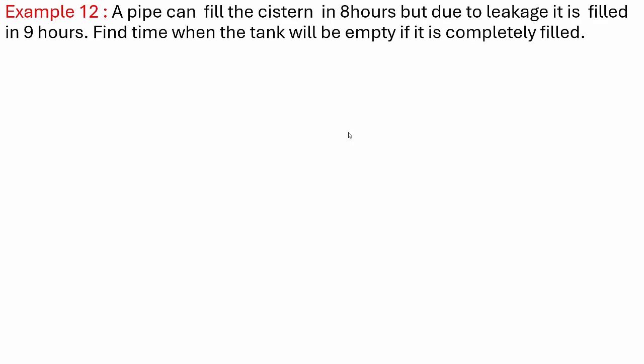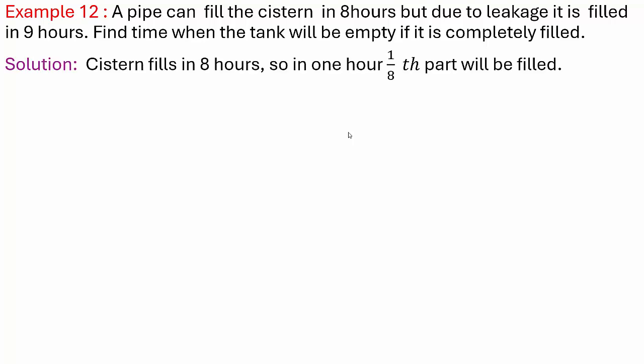Next example, a pipe can fill the cistern in 8 hours, but due to leakage, it is filled in 9 hours. Find the time when the tank will be empty if it is completely filled. Similar problem. The cistern will fill in 8 hours, so in 1 hour, 1 by 8th part will be filled.